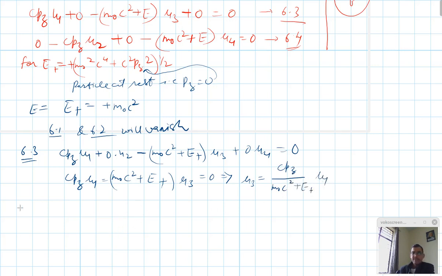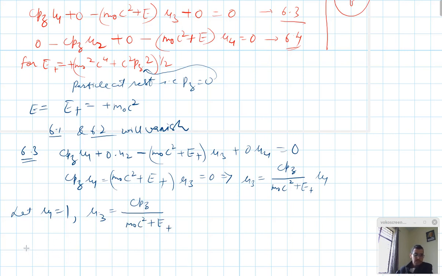So for any arbitrary solution, let u1 is equal to 1, then u3 can be written as cpz over m₀c² plus E plus, right?